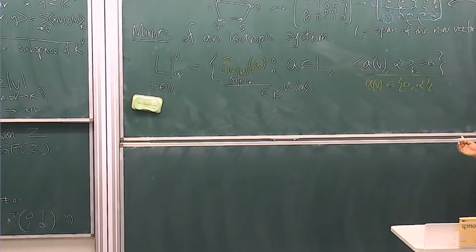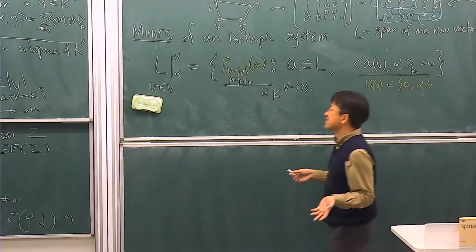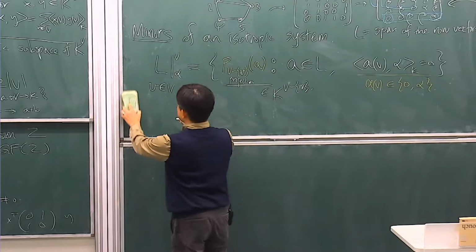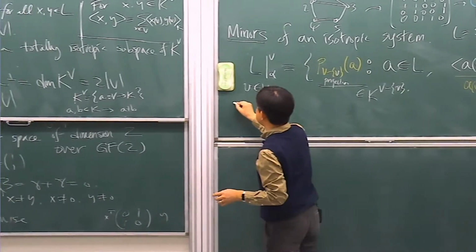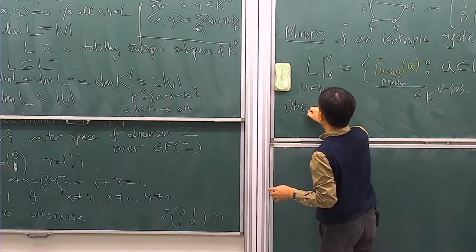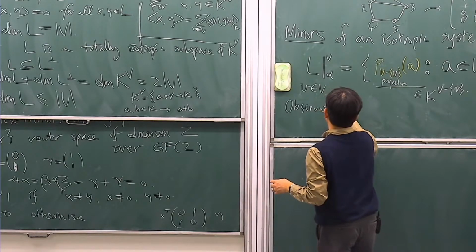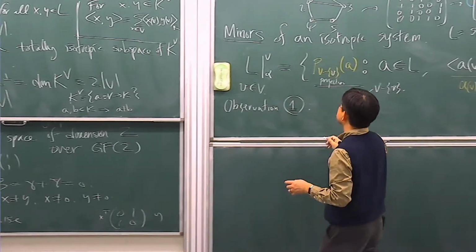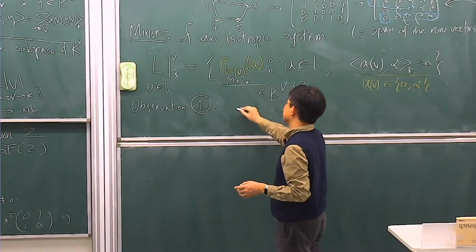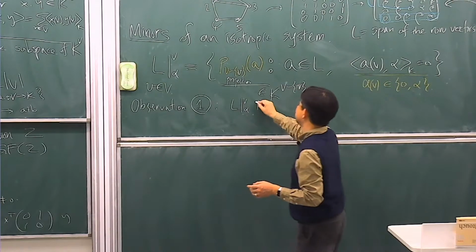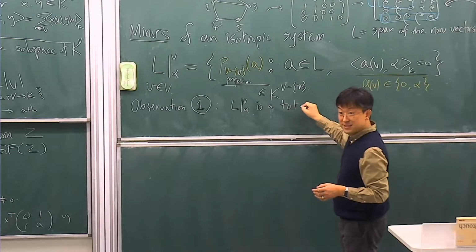Now here's the observation. 1. This is also a totally isotropic subspace.